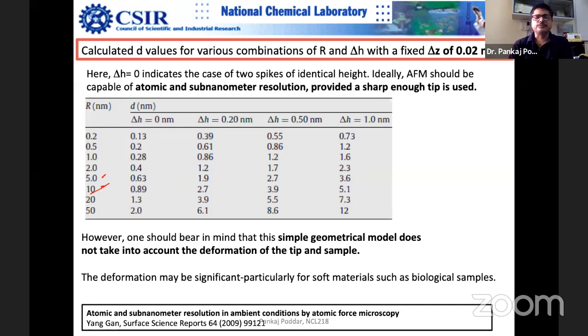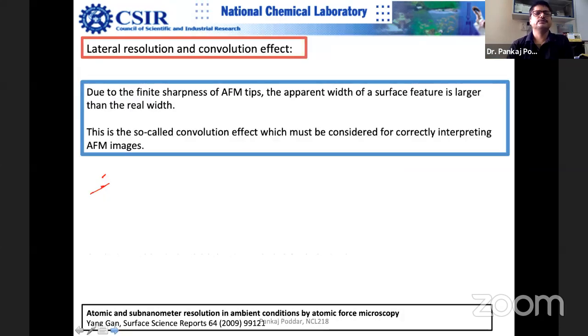For polymeric samples, this deformation becomes more serious, and there this simple model may not be true, because the contact area undergoes tremendous change. Now, let us go to the next one.